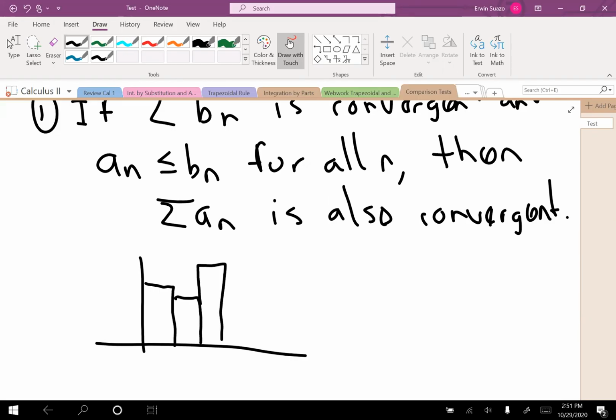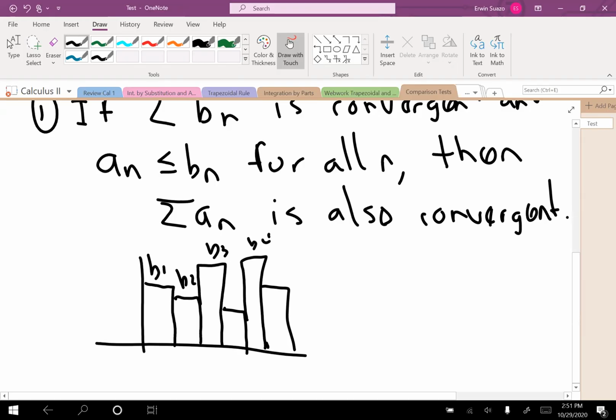It doesn't have to be decreasing or increasing, it can be anything. So this is B1, B2, B3, B4, B5, B6, and so on. I'm saying this is 1, this is 2, this is 3, this is 4, this is 5, this is 6. So this is how high it is.